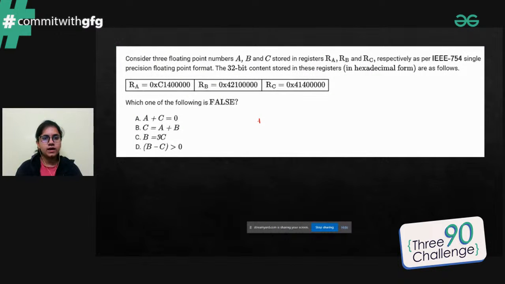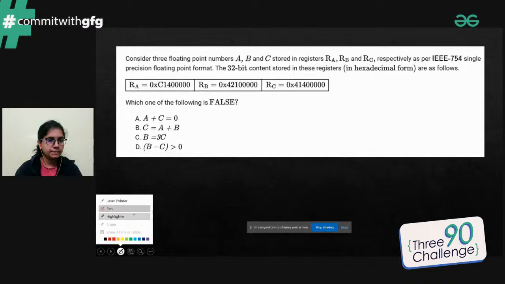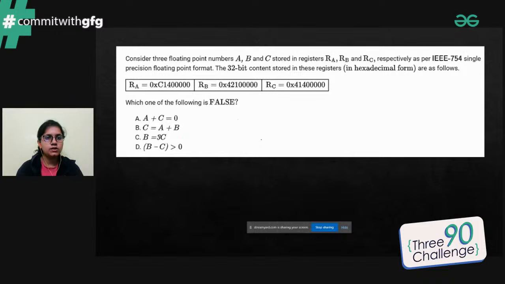Can you quickly tell me what values we have for A, B and C? Sorry, it is happening because of a network issue. So A value is -12, B value is 36, C value is 12. Option A, if we check, gives 0, which is correct, but we want the false one.